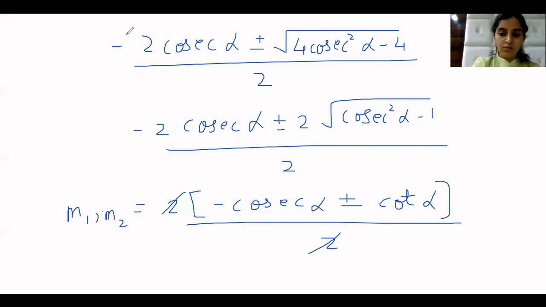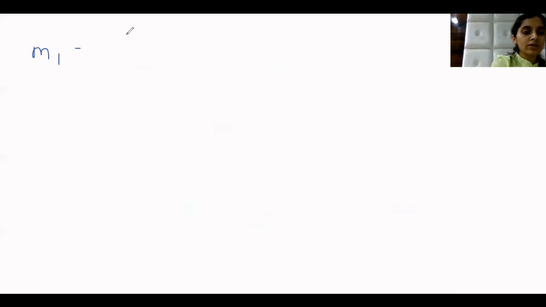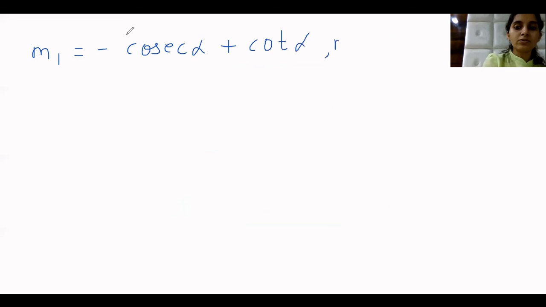Therefore we can write them separately as m1 is equal to cosec alpha plus cot alpha, and m2 is equal to cosec alpha minus cot alpha. Okay, now resubstitution.